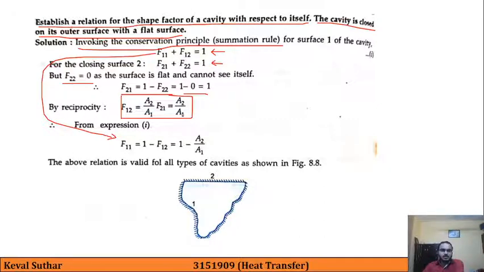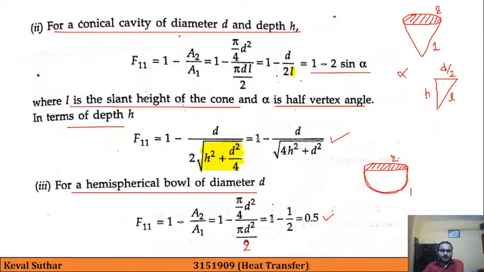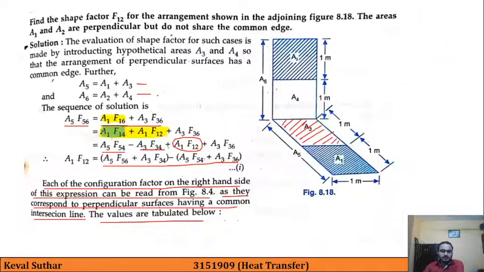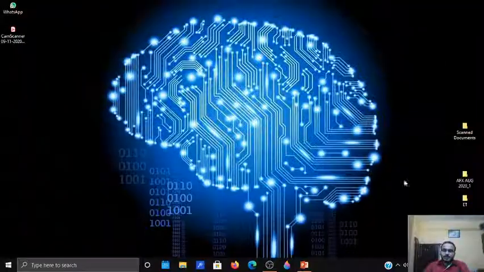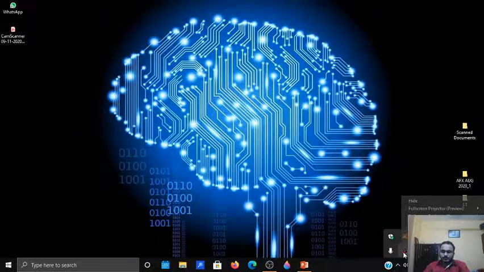The second problem was the shape factor of a cavity with respect to itself when the cavity is closed on its outer surface with a flat surface. So we calculated it, and then we took this special problem in which our objective was to obtain F12 in this arrangement, and we used tables for getting the values of various shape factors. So this is the end of our numericals on radiation. Thank you for watching this video.